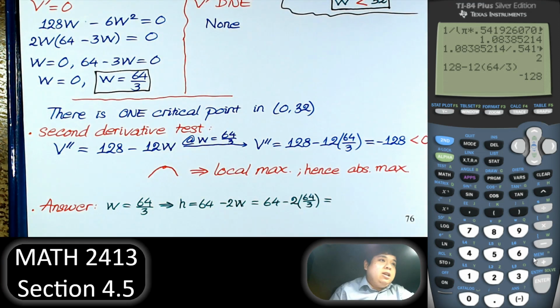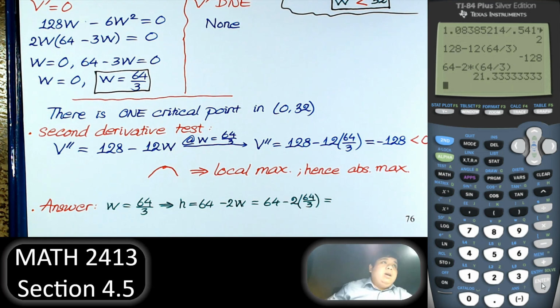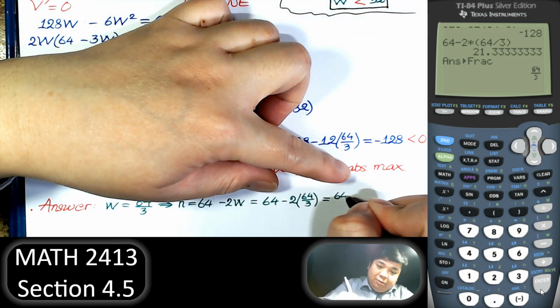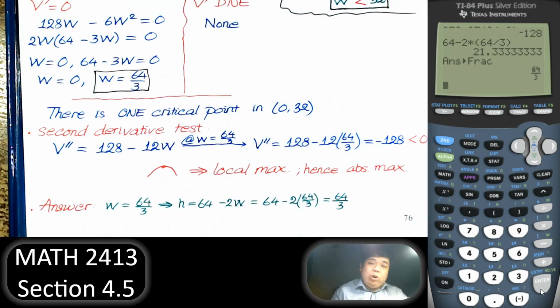So what's that? 64 minus 2 times 64 over 3, that's 64 over 3 as well. So what do we have here?